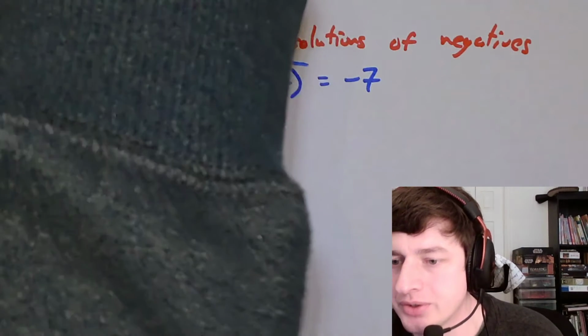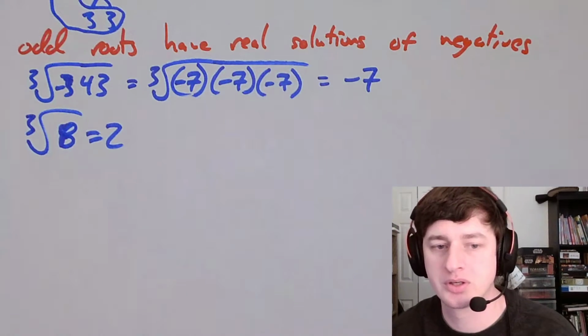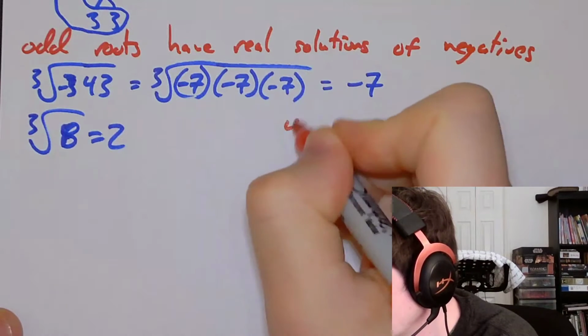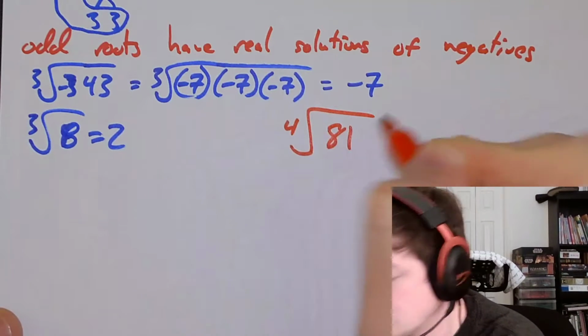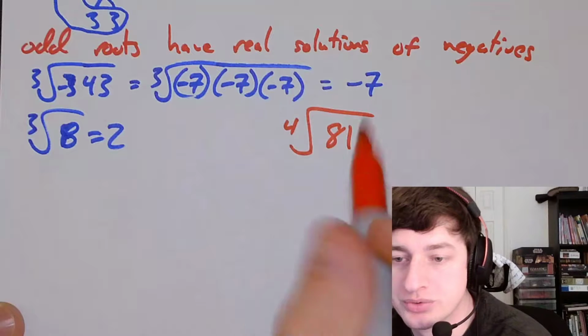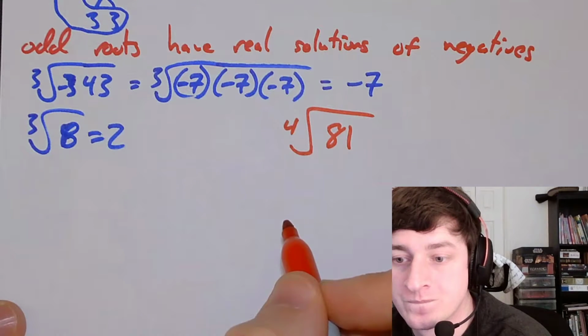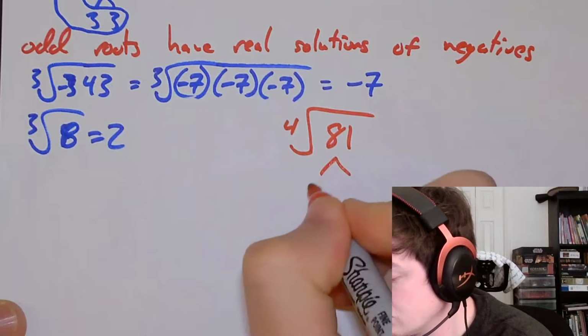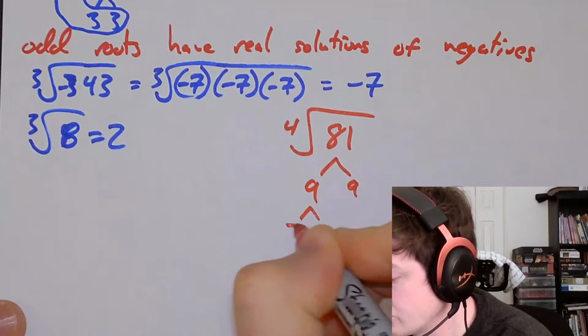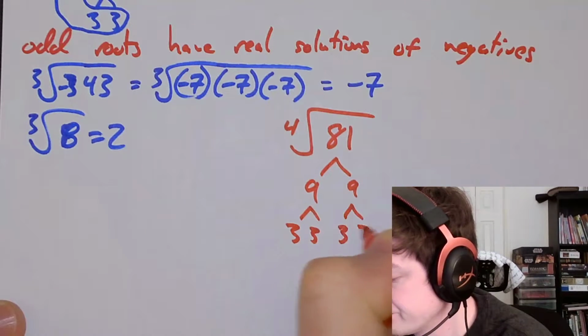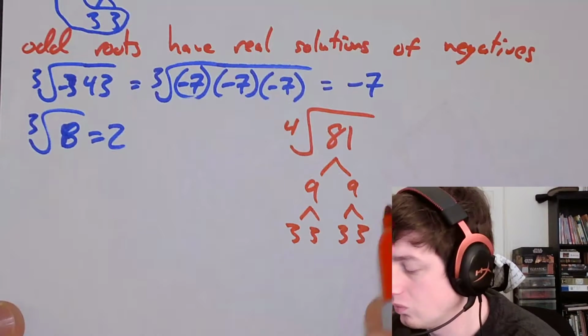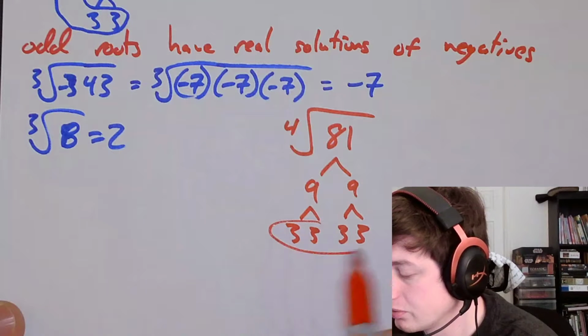Okay. The other kind of important thing to note is when we're doing even numbers or even roots, this is the fourth root of 81. So 81 is going to be 9 and a 9, and then these are both 3s, right? So I have 1, 2, 3, 4 3s.